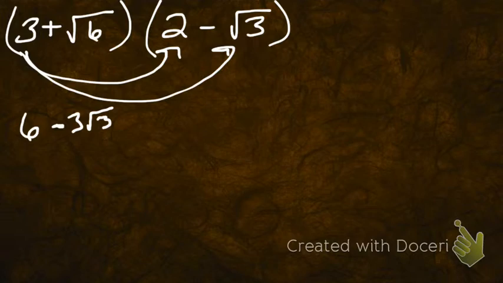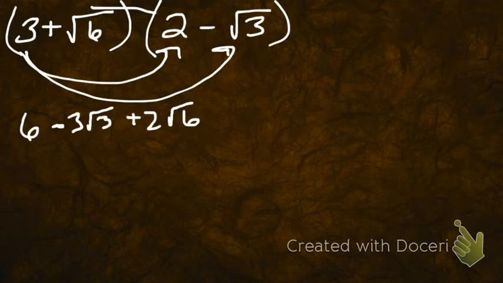You have to be very aware of inside the root and outside the root. Only numbers outside the roots can be multiplied together, and only numbers inside the roots can be multiplied together. If there was one of each, you can't multiply them together. So root 6 times 2 is 2 root 6.